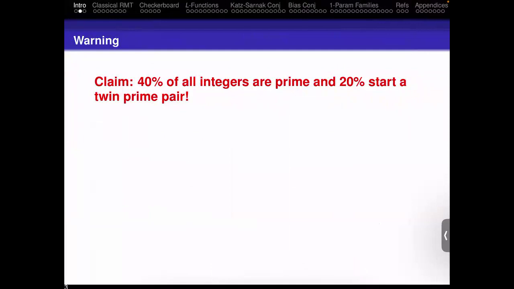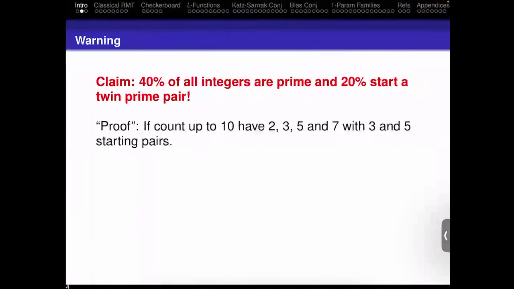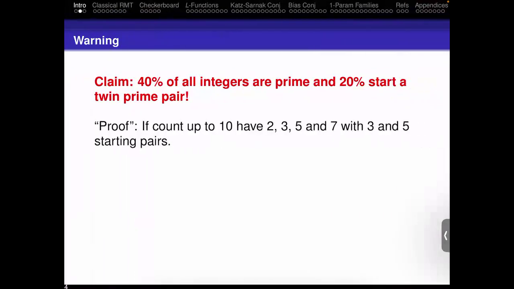To give you an example of just how bad the subject is, this is one of my favorite false theorems: 40% of all integers are prime and 20% of all integers start a twin prime pair. I will prove this false theorem to you computationally. If you look at all the integers up to 10, there's 2, 3, 5, 7. So 40% of your integers are prime, and 3 and 5 both start a twin prime pair.